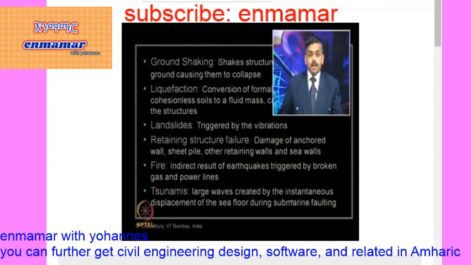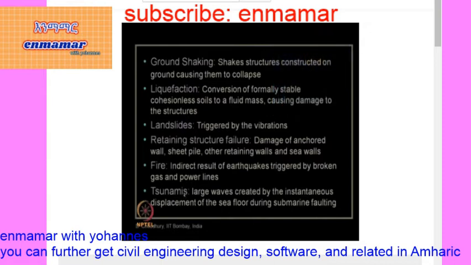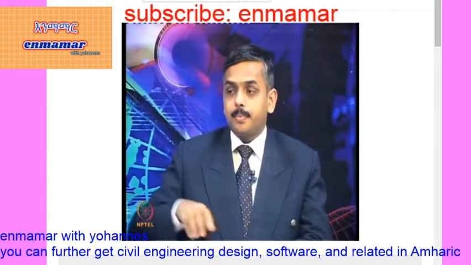If there is a vertical movement, an instantaneous displacement of the floor bed of the sea, ocean, or large water body, then large waves get created, which finally reach the shore, and they can be called tsunami or harbor waves, as we have seen just now. So this can be another sub effect of earthquake which also needs to be addressed by geotechnical earthquake engineers to design these sea walls and waterfront structures.